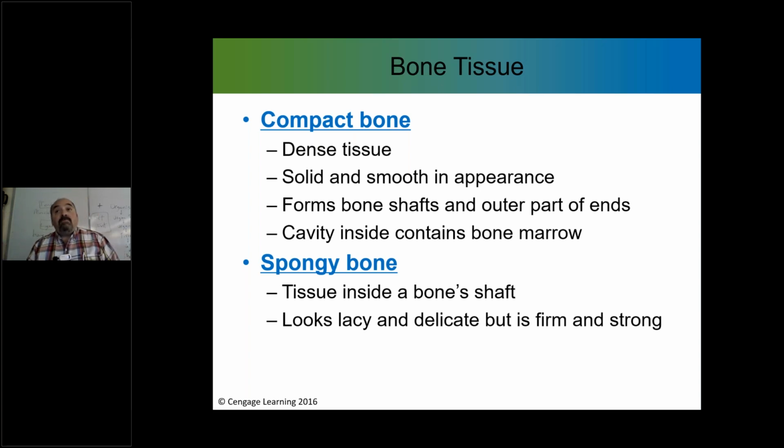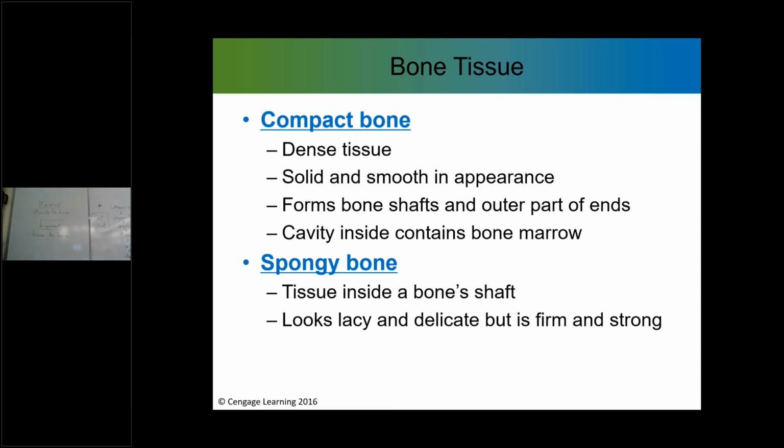And there's a cavity inside of this compact bone where we have the marrow. And bone marrow, two different types. There's one type called red bone marrow that produces blood cells. Producing blood cells, synthesizing blood cells, the red bone marrow. Yellow bone marrow, adipose tissue, storage of adipose tissue. It's pretty wild. So you have compact and spongy bone.